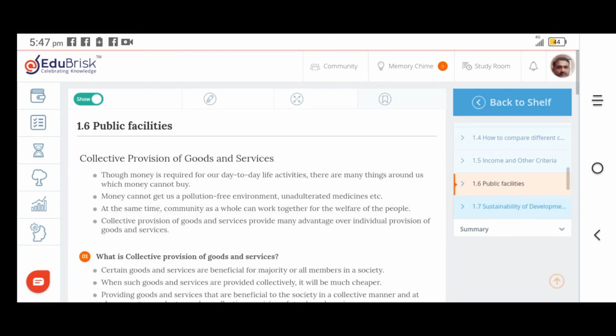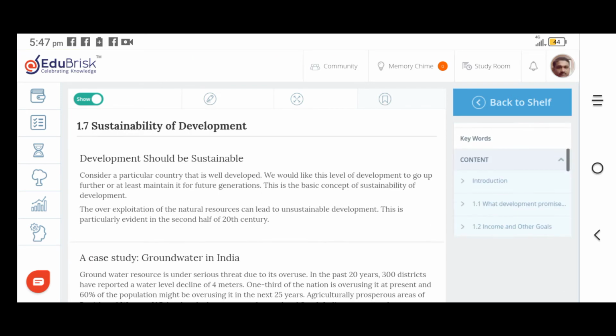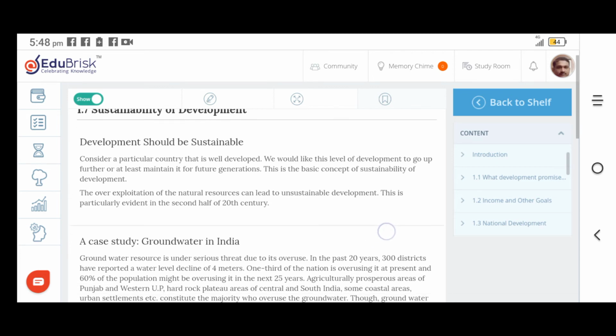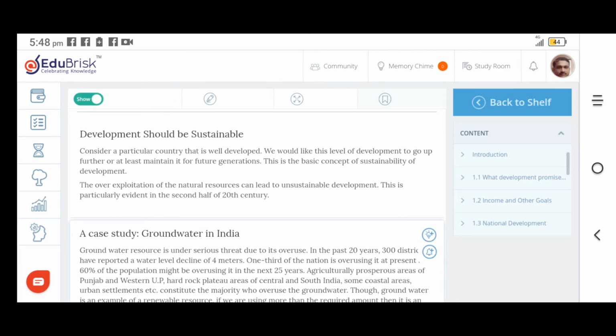Next, we want to know about sustainability of development. This is the main topic. While hearing the word itself, you can understand it means sustaining for the future generation. It means that we have to keep it for the future generation. That is sustainability.